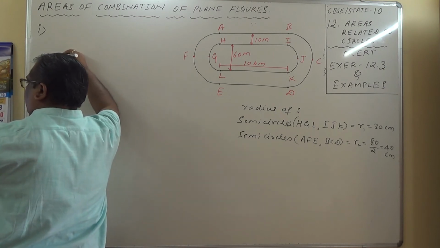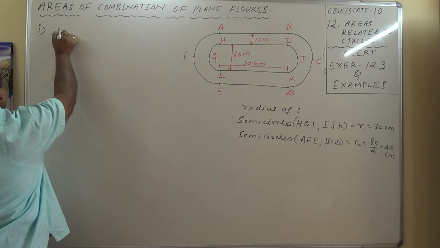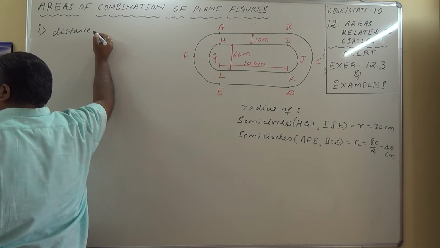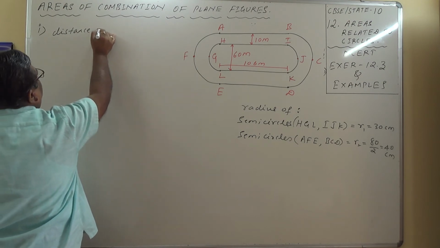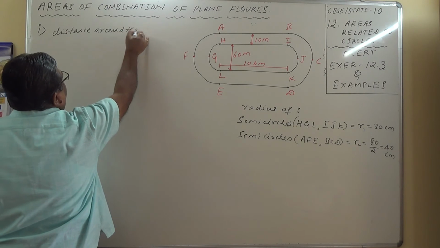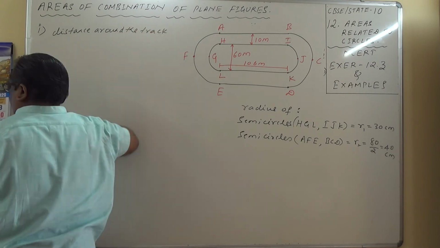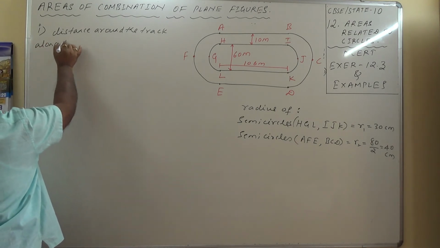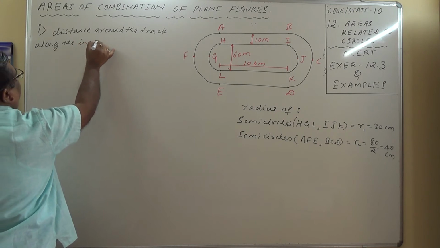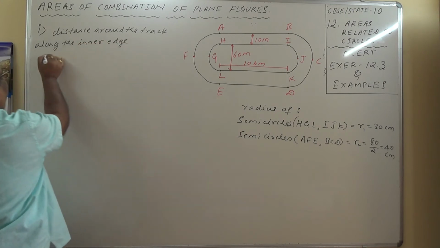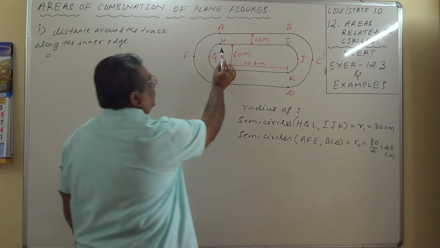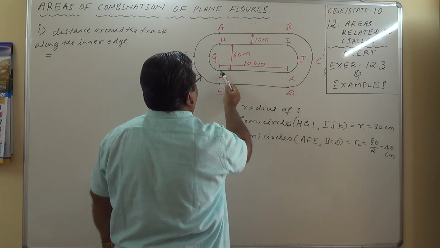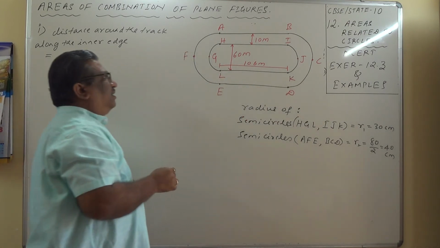Distance around the track along the inner edge is equal to, see here, this is the inner edge, HI plus arc length IJK plus KL plus arc length LGH, that is the distance.